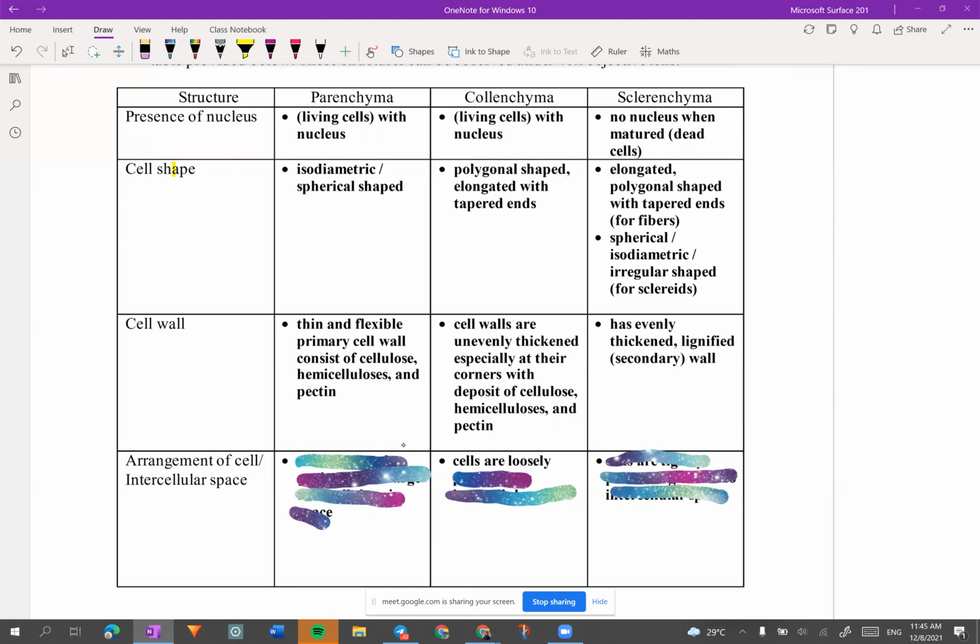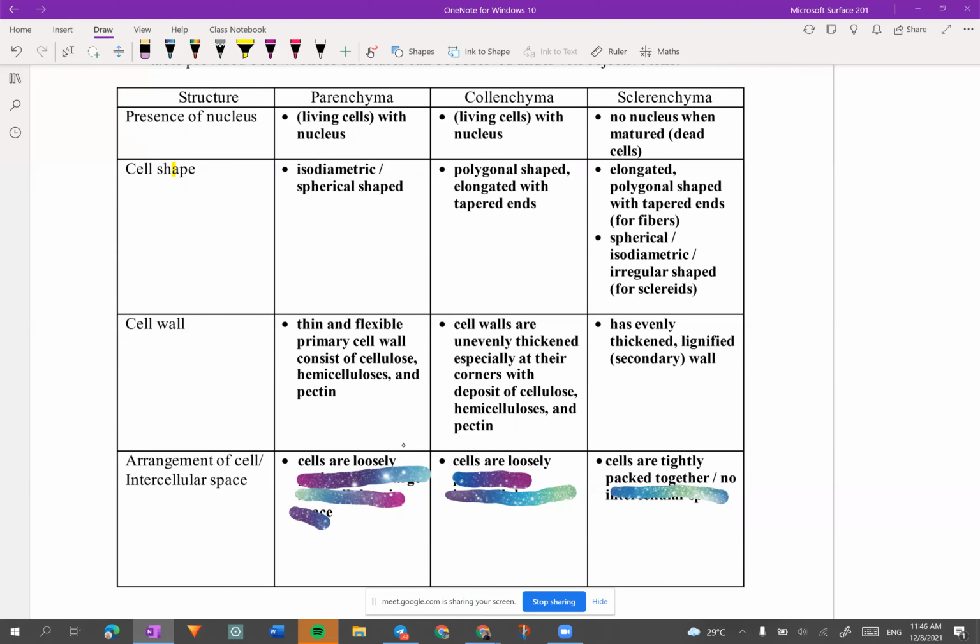Parenchyma loosely ke tightly packed? Untuk yang parenchyma. Okay, tightly packed. Jawapan dia adalah loosely. Why? Sebab kita boleh nampak dia punya airspace tadi kan untuk parenchyma. Well, untuk sclerenchyma dia adalah tightly packed. Okay.